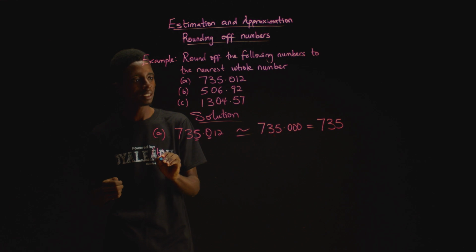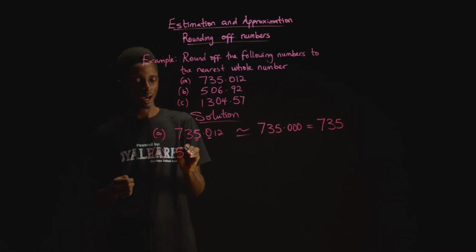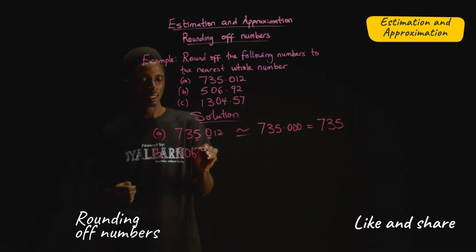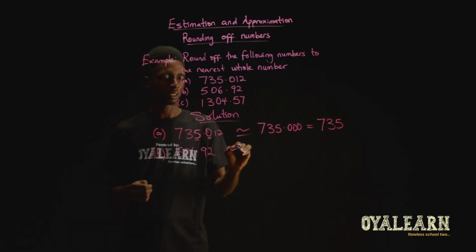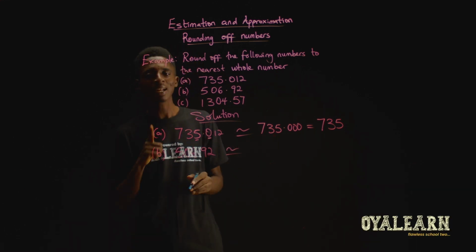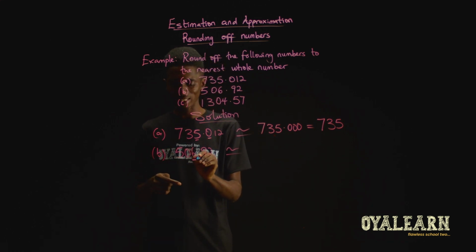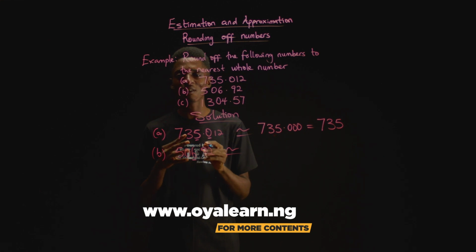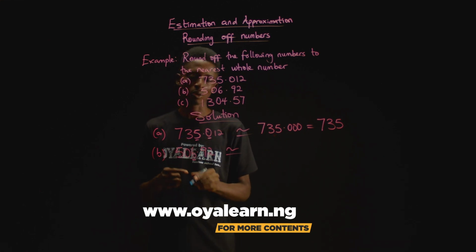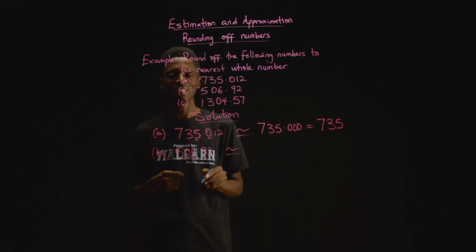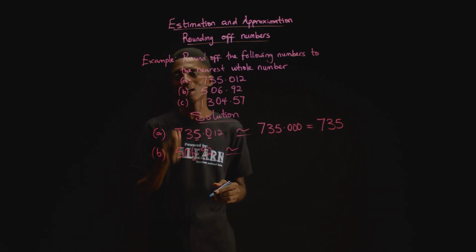So for B, we have 506.92. Now remember that the last digit that makes this a whole number is 6. So 6 is the digit in our rounding off place, and the digit next to that is 9, which is a digit that requires us to round up.